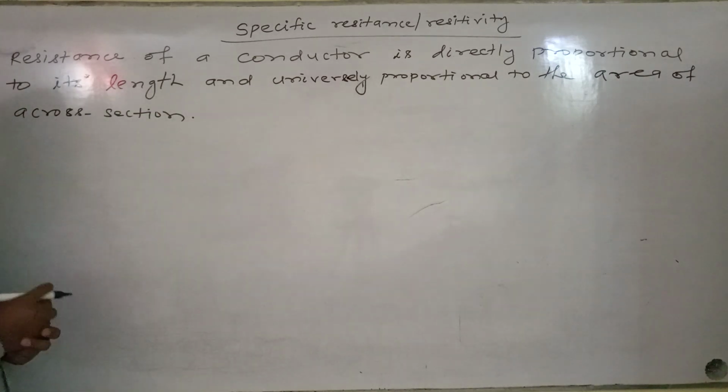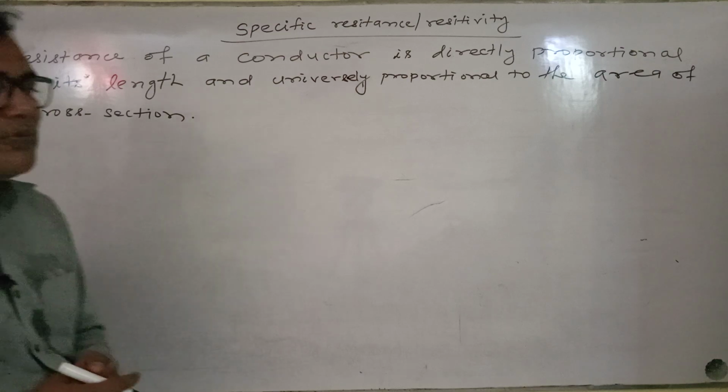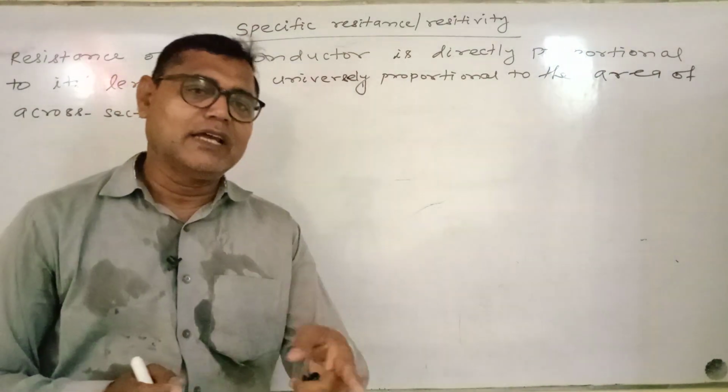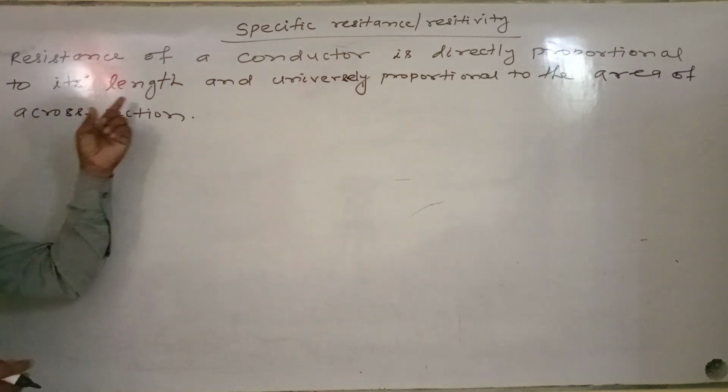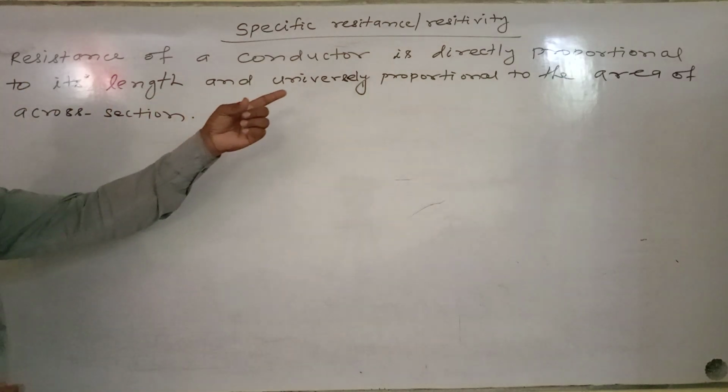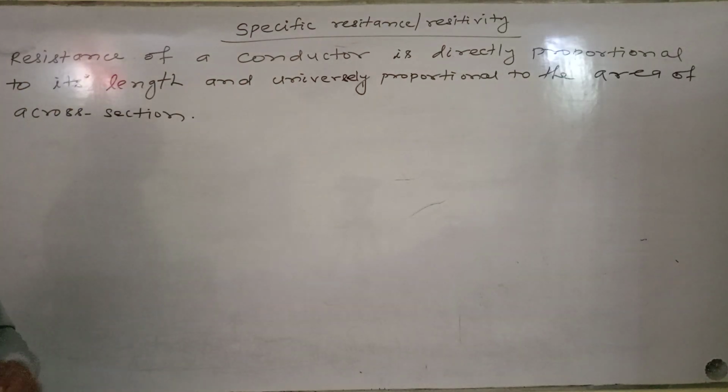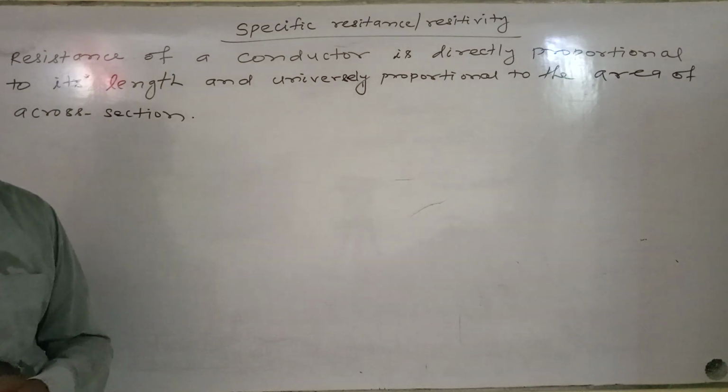We write: resistance of a conductor is directly proportional to its length and inversely proportional to the area of a cross section.